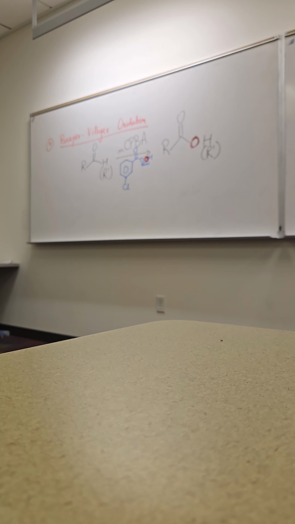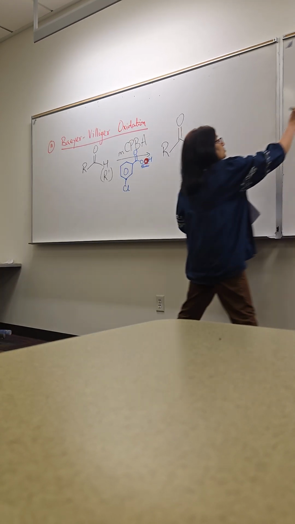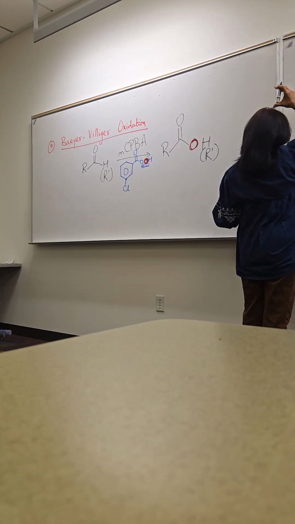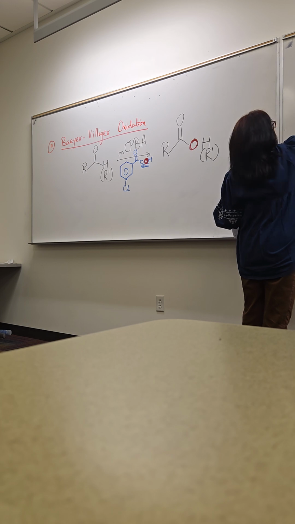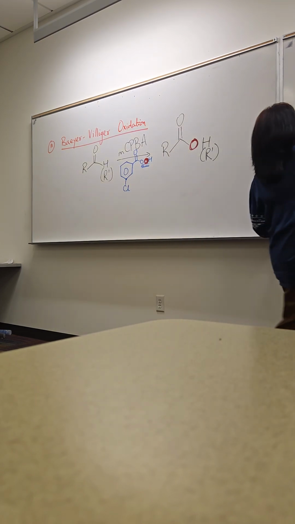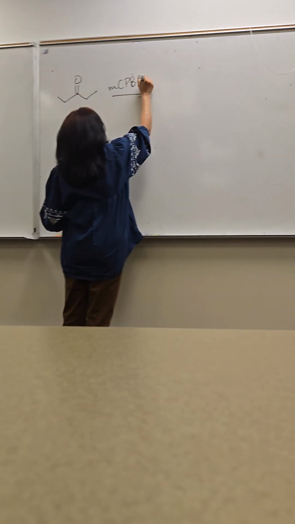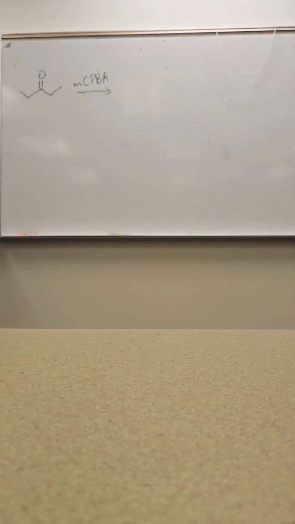For example, let's say we have pent-3-one, symmetrical, choosing symmetrical for a reason here, and you reacted it with MCPBA.